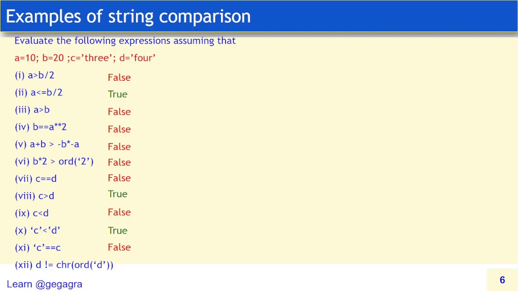What is D? D is F O U R, so D begins with F. These two are not equal, because character of ordinal of D will give you the D character, whereas D is the string FOUR. That is why these two are not equal, and hence it gives the false result.